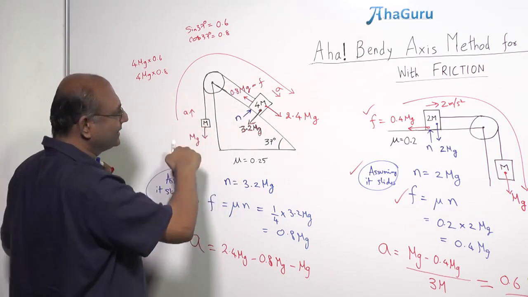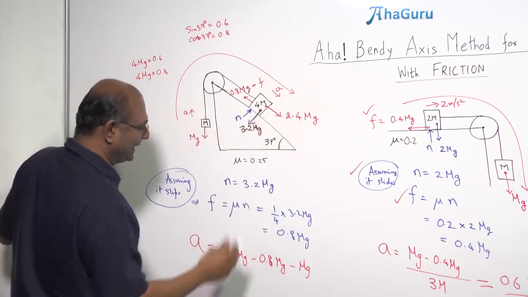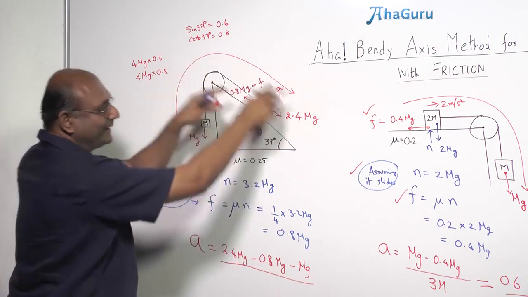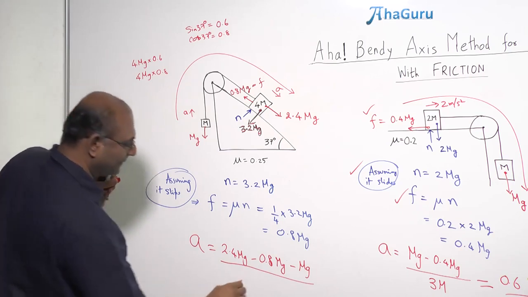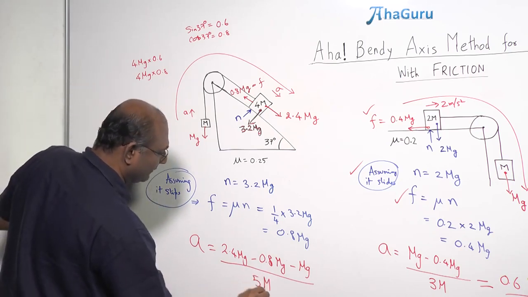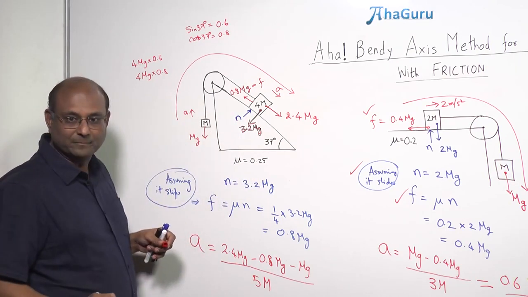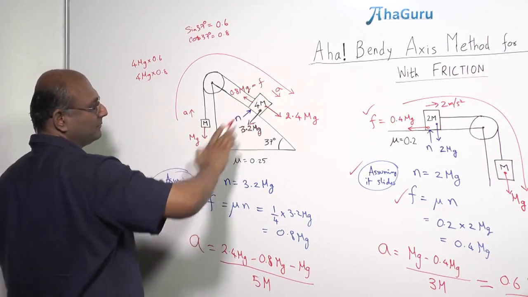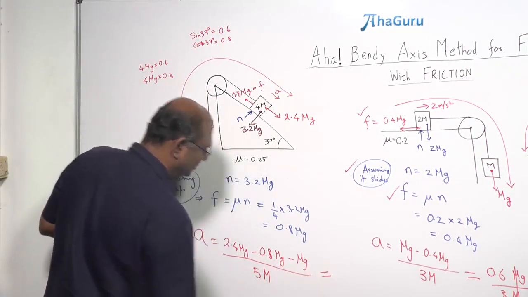If you think of this as 1 mg and 0.8 mg, 1.8 is in this direction, 2.4 in that direction, divided by the total mass, because it has to drag it along. So 4m, m, so 5m. If you notice, for this calculation, I don't have to use this and the 3.2 mg, because they are all perpendicular to the block's motion.